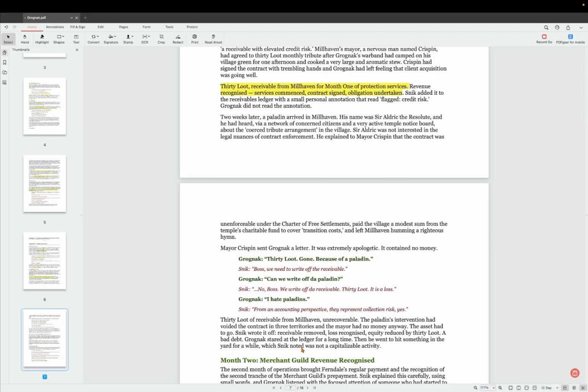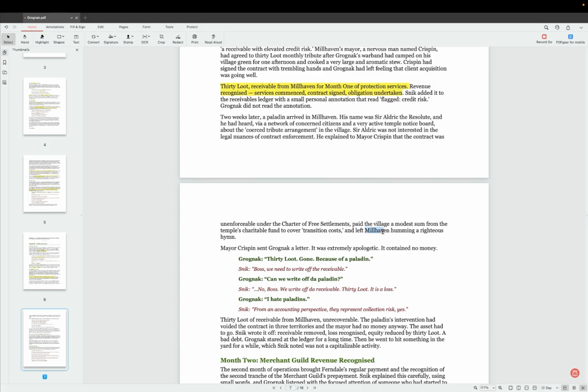Identifying the next transaction before recognizing the accounting entry. Earlier, the firm recognized a receivable of 30 loot from the village of Millhaven for protection services, right?